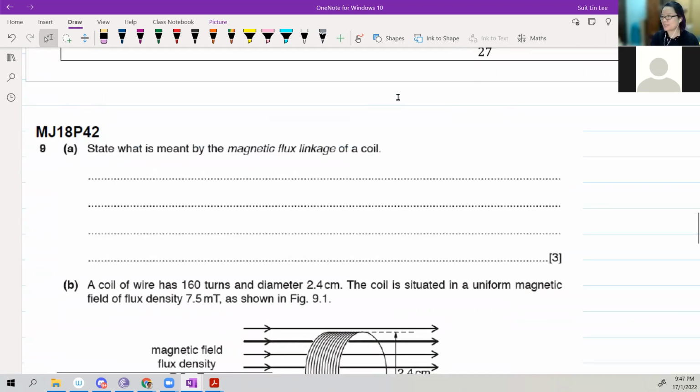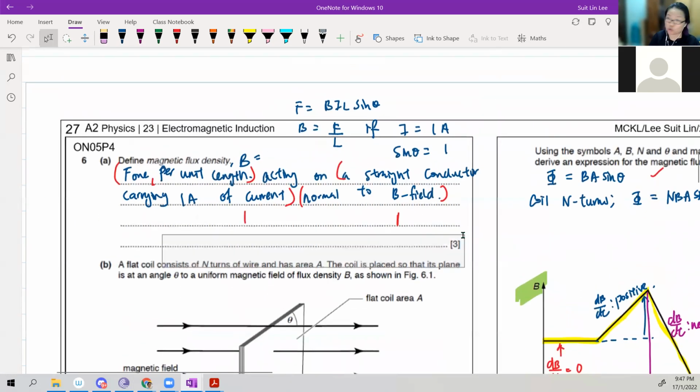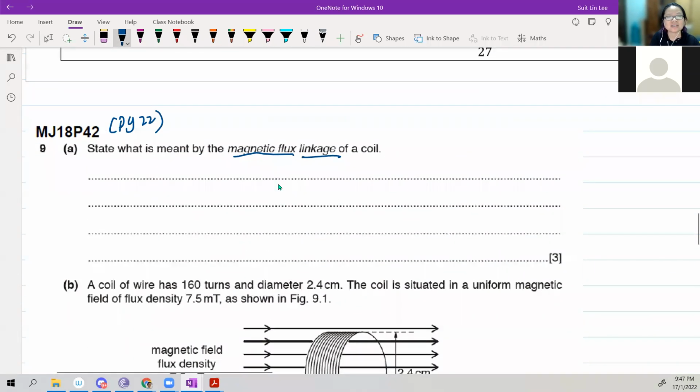Okay, this one is page 22. Okay, what is meant by magnetic flux linkage? Not B, hello. This one is magnetic flux density. So we talk about B. This one is magnetic flux linkage. This is Φ, which is BA sine theta.